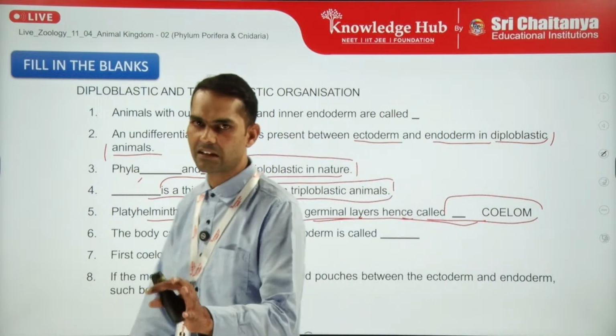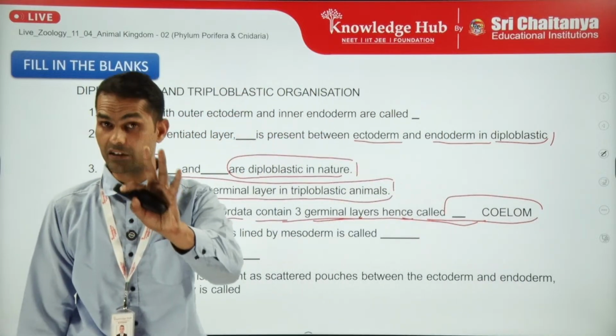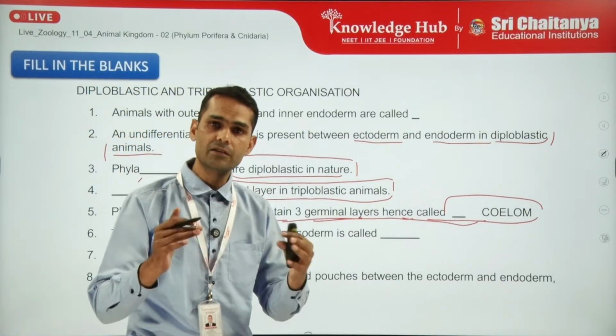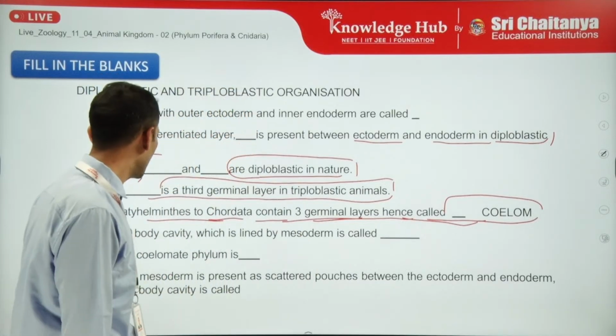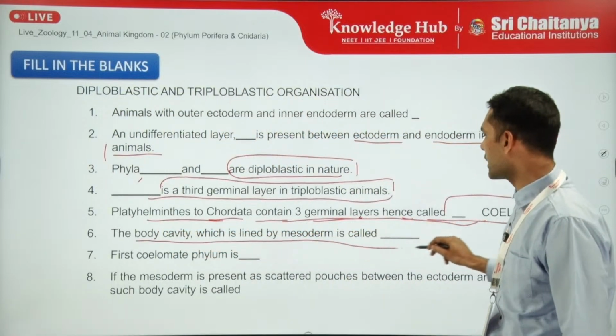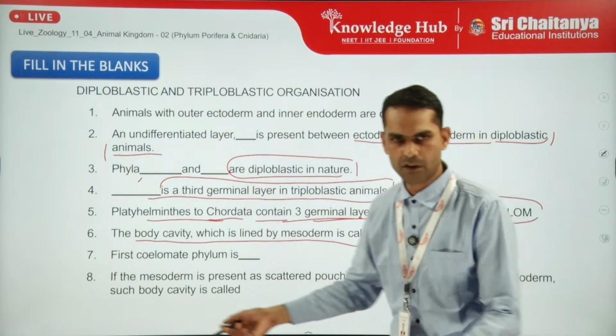Which coelom? Acoelomate. So Platyhelminthes are acoelomate in spite of having three germ layers, and chordata are coelomate. They are also having three germ layers. So the body cavity which is lined by mesoderm is called coelom, as we have discussed.